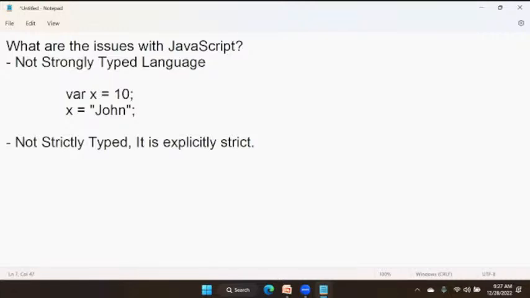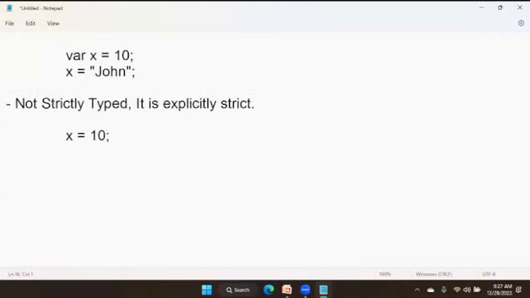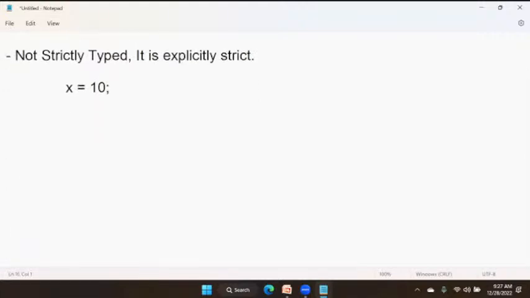For example, suppose I define x equal to 10. That means variable x value is assigned as 10. Now, have I declared this variable? No. Without declaring a variable, you are trying to use it. Is it valid? But in JavaScript, it is valid.